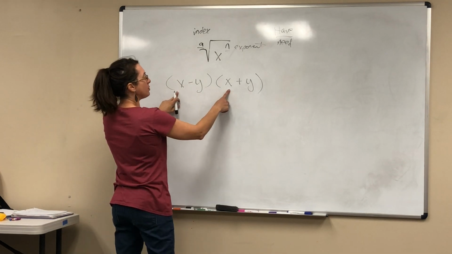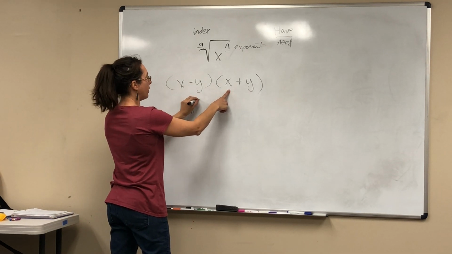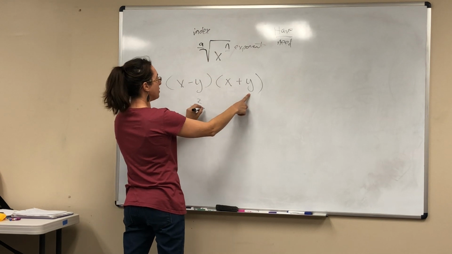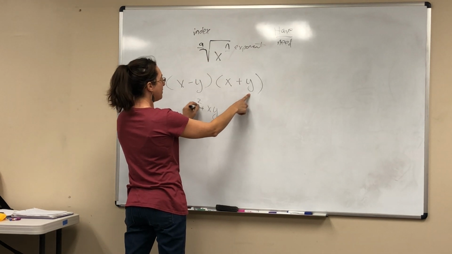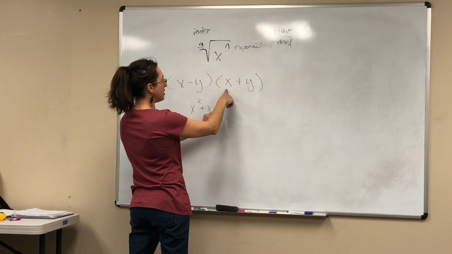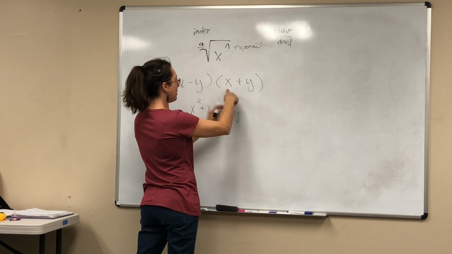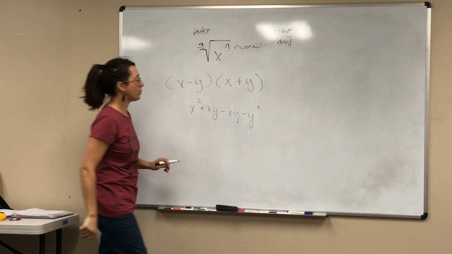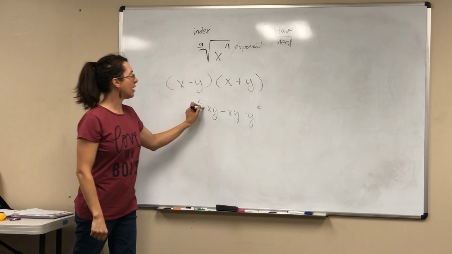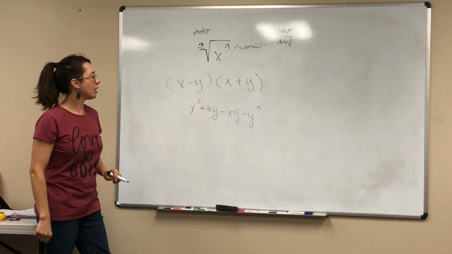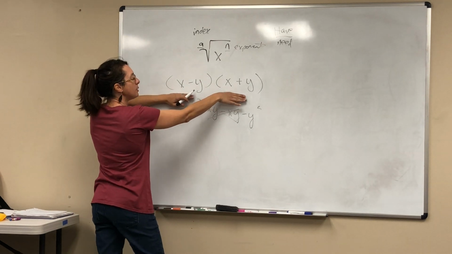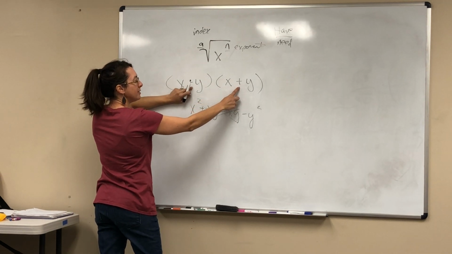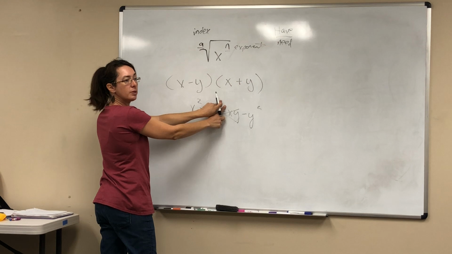What did my first give me? X squared. My outers give me a positive xy, correct? My inners give me negative xy, and my last give me minus y squared. Okay? The outers and the inners cross out. So when you have the exact same polynomial with different signs, the insides are always going to equal 0.